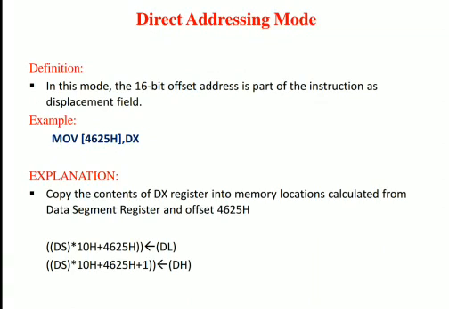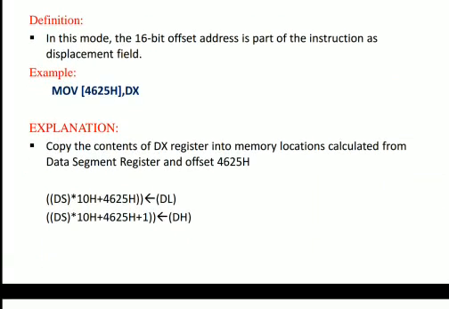DL = DS * 10H + 4625H. The lower order is stored in the lower memory location and the higher order DH is stored in the higher memory location: DS * 10H + 4625H + 1 = DH.